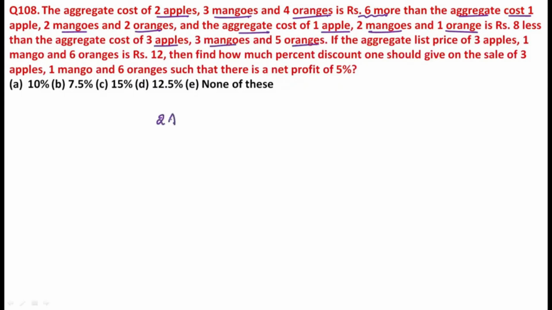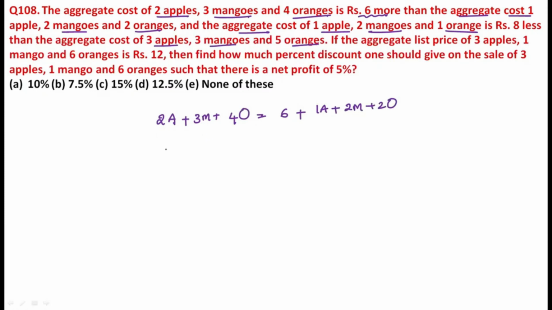Now there is 2 apples plus 3 mangoes plus 4 oranges, the price exactly equal to 6 rupees more than the cost of 1 apple, 2 mango, 2 orange. That is the first equation. We're done with the first equation.